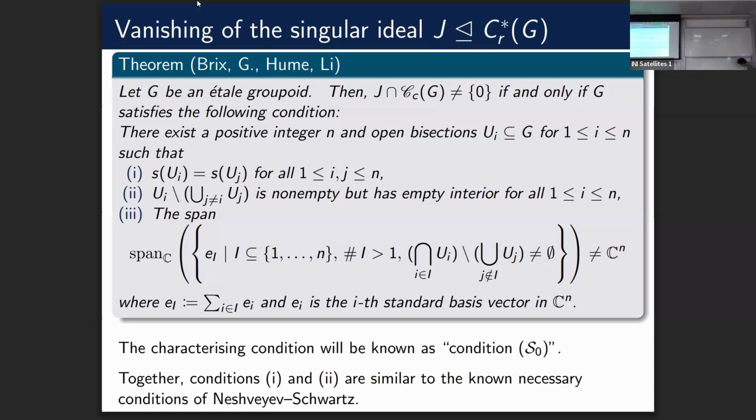So you fail to satisfy the third condition. This tells you that the singular ideal in this groupoid actually vanishes. If you're familiar with the language of Neshviev and Schwartz, this is an example of a groupoid with an extremely dangerous point, but for which the singular ideal vanishes.